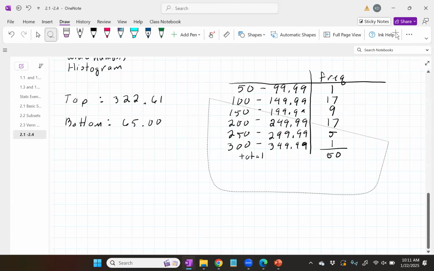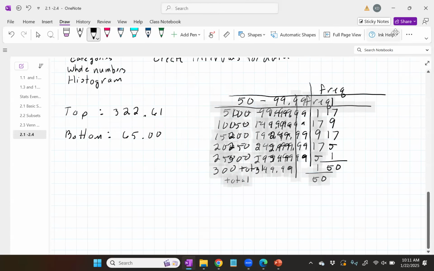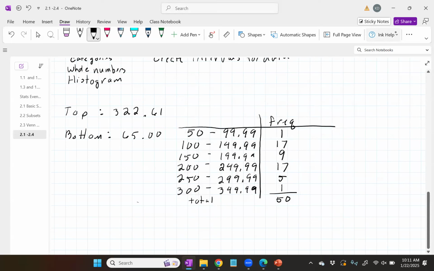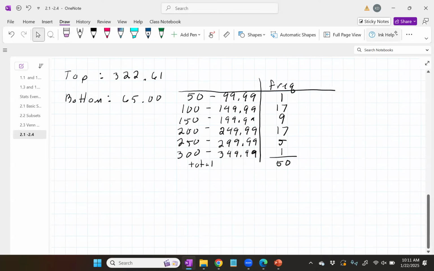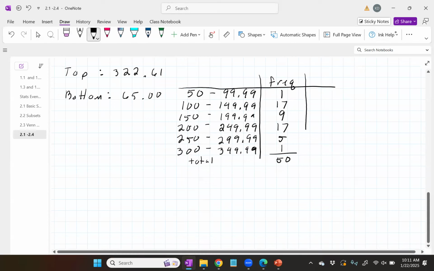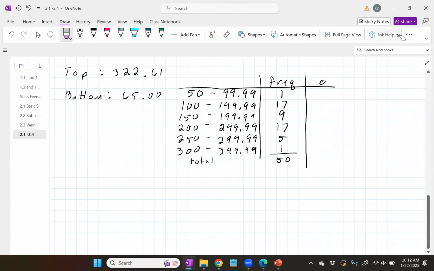All right, I'm going to scoot this over. If I want to find the relative frequency, now is when I definitely get my calculator out. I'm going to take each of these categories, divide it by 50, because we take it divided by the total number of occurrences we have.